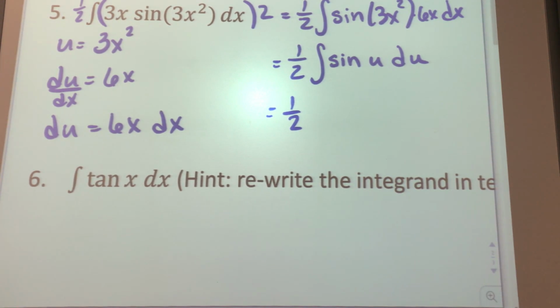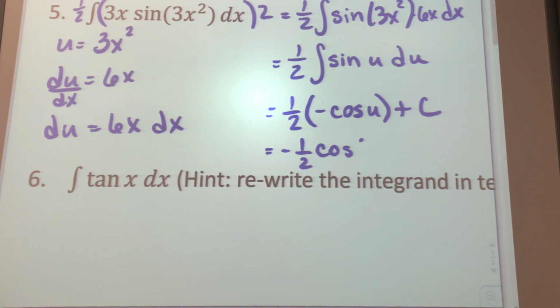The antiderivative of sine of u is negative cosine of u plus c. Then we'll take what u is, plug it in, multiply negative 1 times 1/2, we get negative 1/2 cosine of 3x squared plus c.